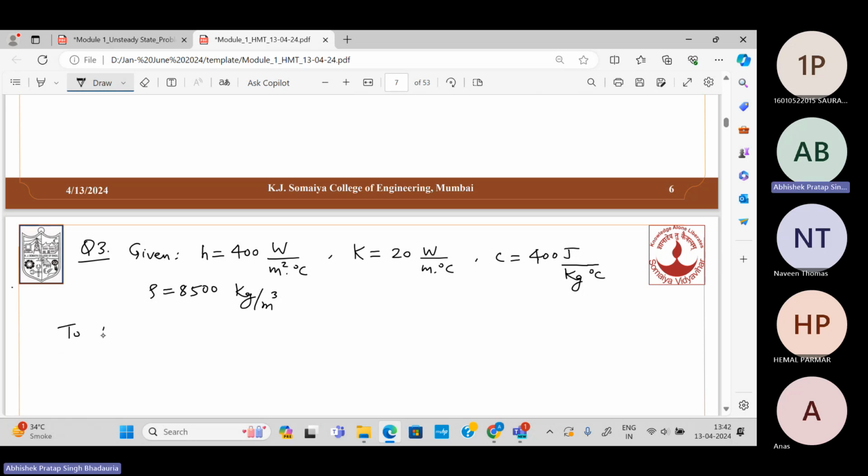Now we have to find what is to be determined. Number one, the junction diameter, and number two, the time required for the thermocouple junction to reach 198 degrees Celsius.